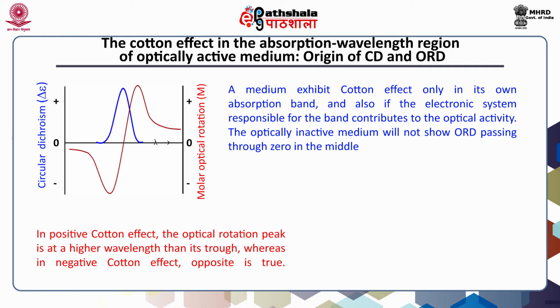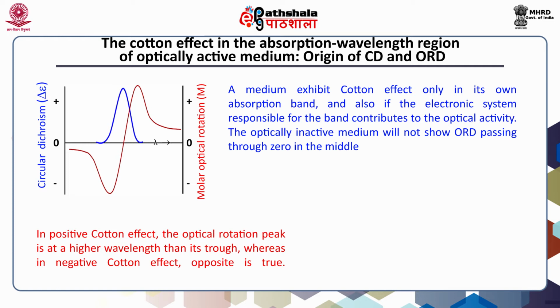The blue curve in this panel indicates the circular dichroism band. You will see that as the wavelength decreases, the optical rotation increases, and when it approaches the peak of the CD band, it suddenly starts decreasing and passes through zero at the wavelength at which circular dichroism is maximal.